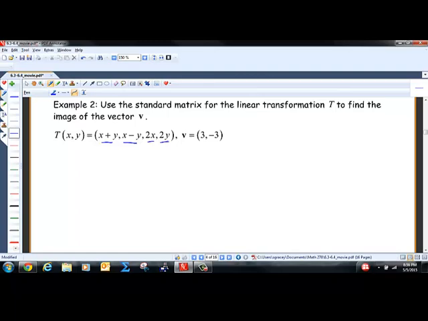What we're doing is the standard basis for T of xy is going to have to be the same one we used last time. So E1 is going to be 1, 0, and E2 is going to be 0, 1. And that's because if you see the format here, you have your 2 coordinates x and y.